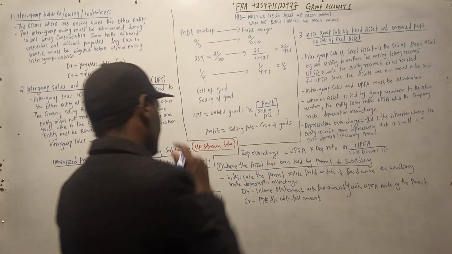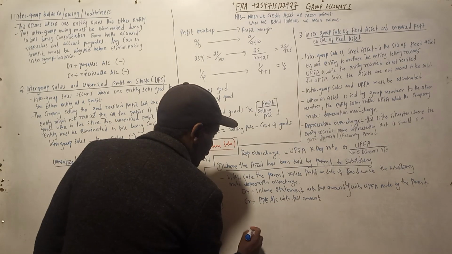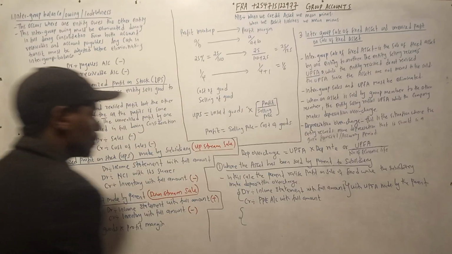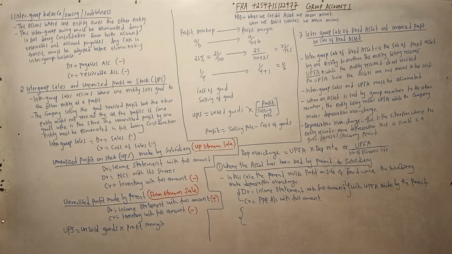Then we have another one, so be very keen. The first one is where the parent has realized the profit. Now, what about the depreciation overcharge in the subsidiary?